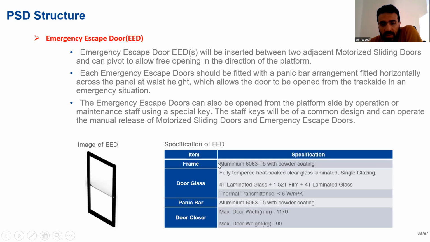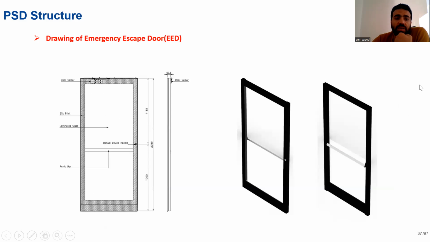And this is the specific material of AED. Here is the drawing of emergency escape door. We have a manual device handle, which is used to open AED from platform side, and this panic bar, which you can use to open the AED from track side.